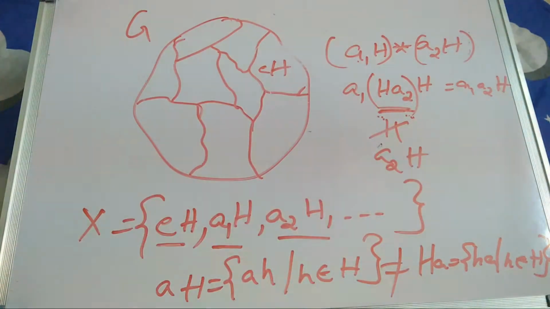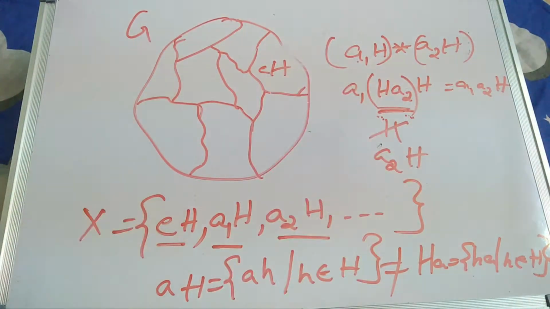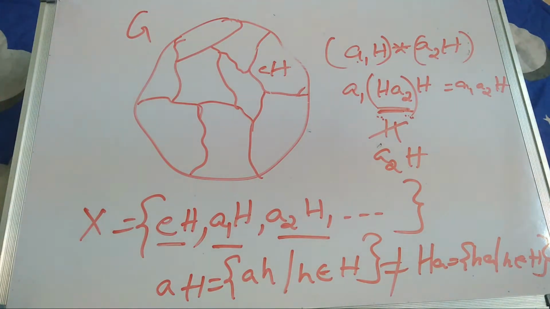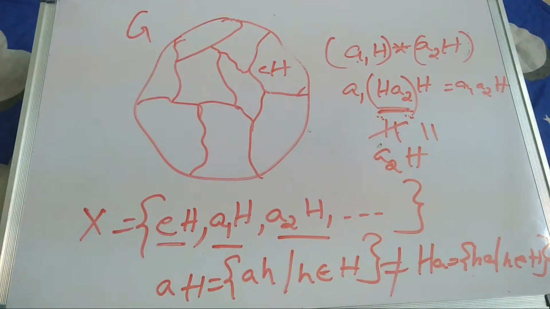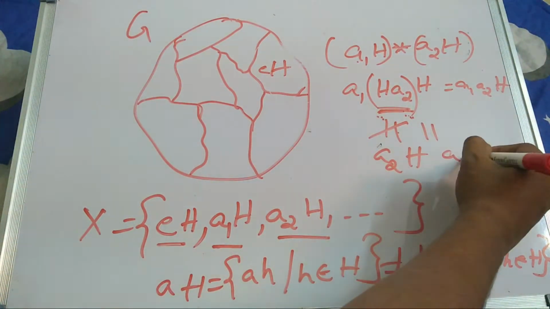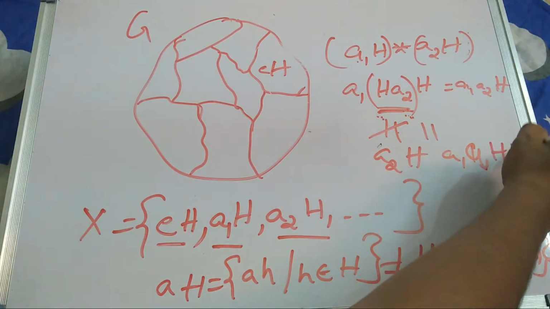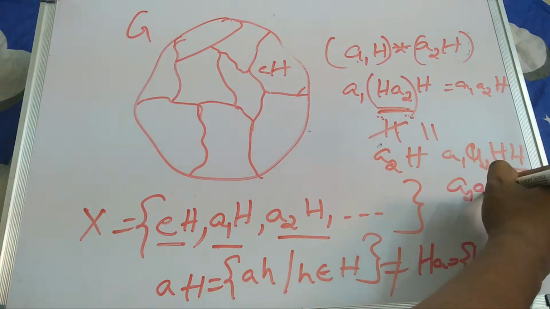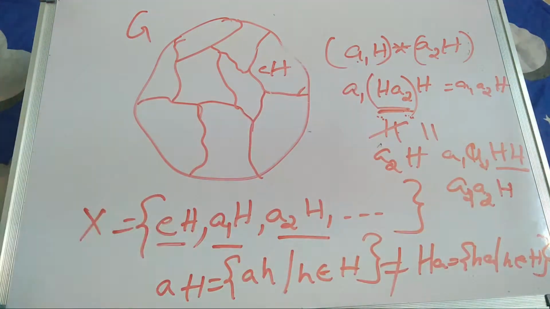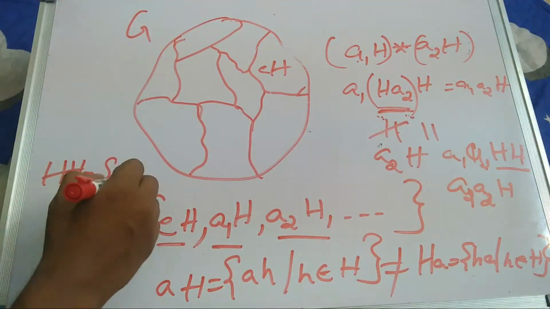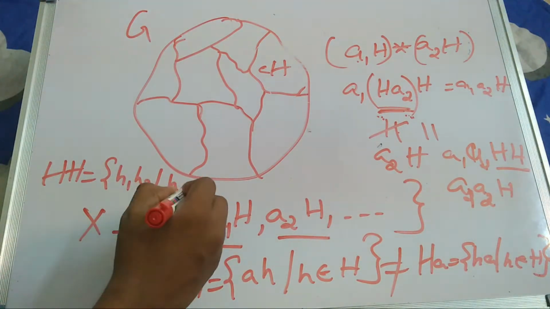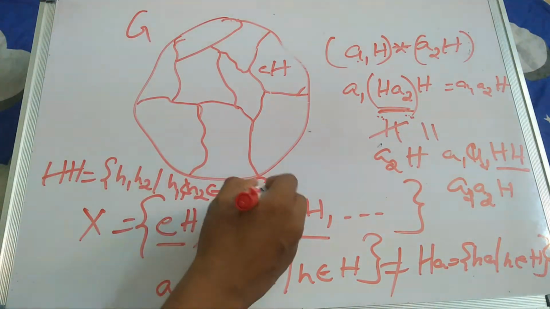So to switch the places of HA2 to A2H, suppose this is equal to A2H, we can switch the places and get A1A2HH, and this is going to be nothing but simply H, because this is a subgroup. You are multiplying two elements of the subgroup and it is going to be the same. We will say what this is: HH is the set of all h1h2 where h1, h2 belong to H.